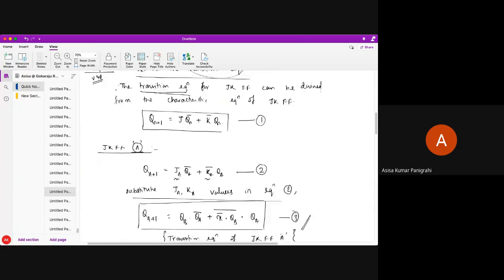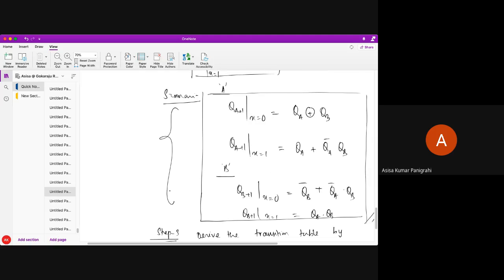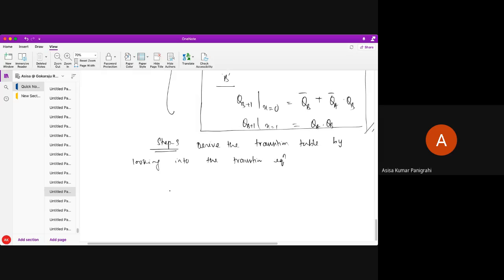So first, in step 3, I am going to find the transition table by looking into the transition equations. I have my transition equations ready with me. I will look into these transition equations and derive my transition table.